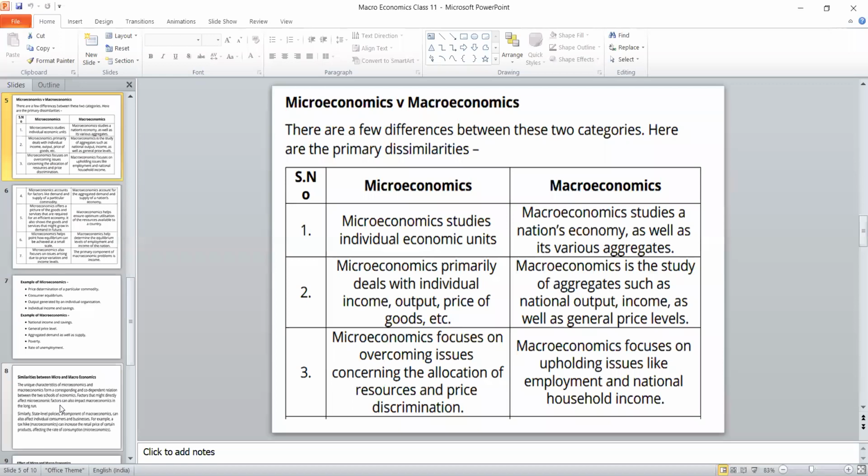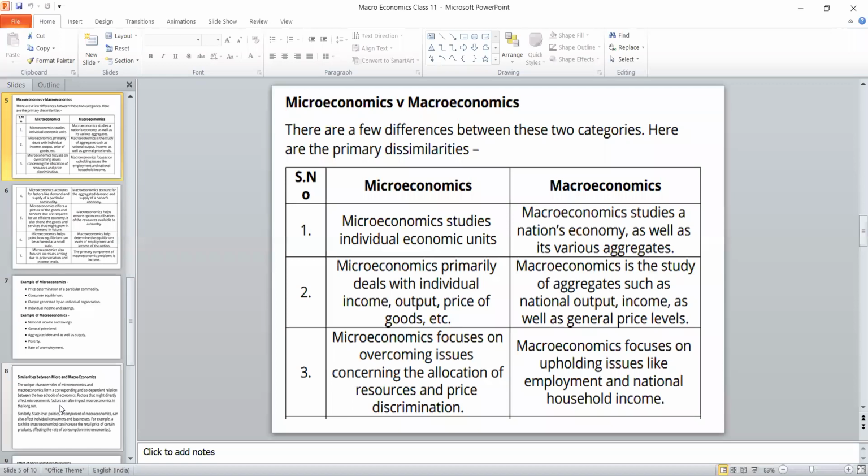Here the first one is about the nature. Nature in the sense, microeconomics studies the individual economic units. Macroeconomics is not the individual, it is of the national economy. Then the second point: micro primarily deals with individual income, individual output, the price of a particular good. All these things come under micro.